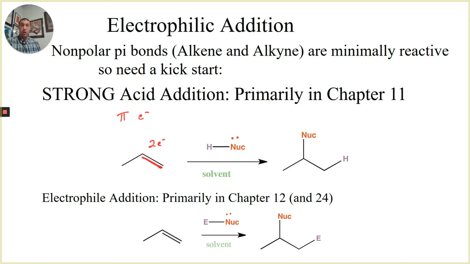So when we're talking about the reactivity, we're looking at it act as either a nucleophile, because it's looking for a positive nucleus, or it's acting as a base because it is sharing electrons with a hydrogen. And again, because it is a weak or low reactivity, it's a weak base and a weak nucleophile. So we need strong acids to go through and initiate this reaction.